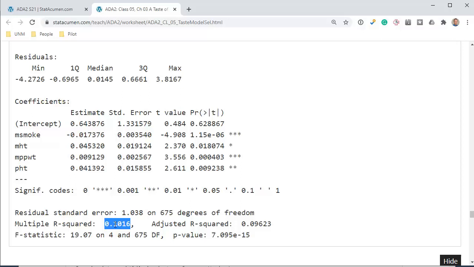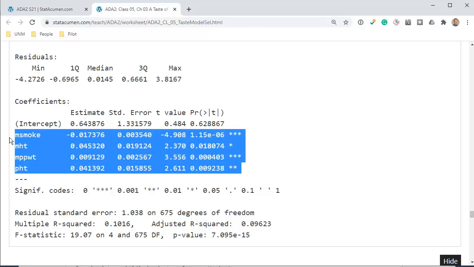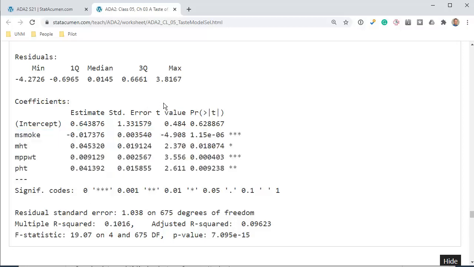I think the previous number was 10.34. Now it's 10.16. So we've lost a fraction of a percent of variability explained, but we've made our model half as complicated with only 4 variables instead of 8. So this is quite a good benefit.